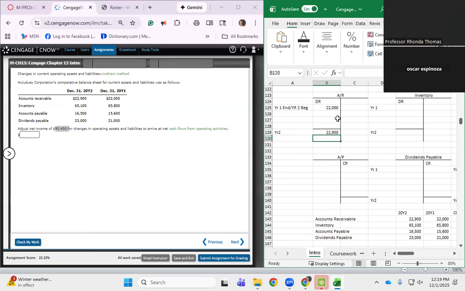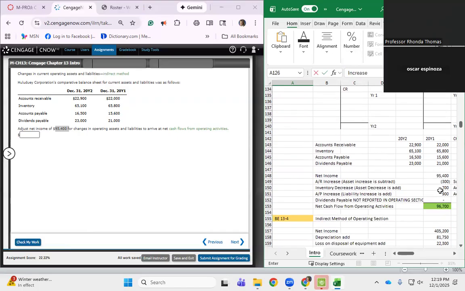So what happened here? We have $900 increasing, right? So we actually have accounts receivable. This is an increase. So what do we do with an increase in accounts receivable?